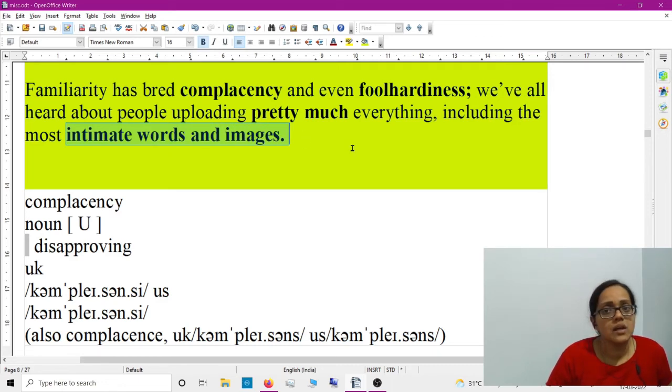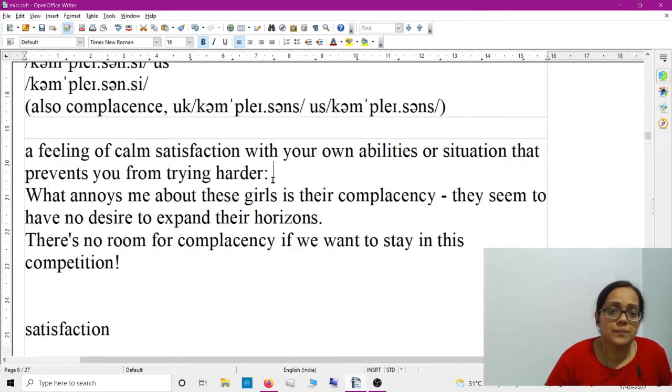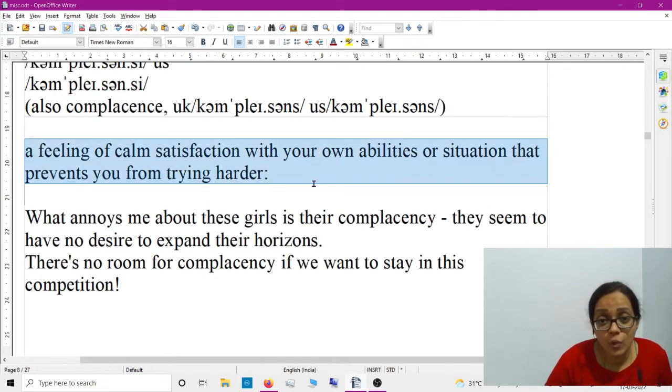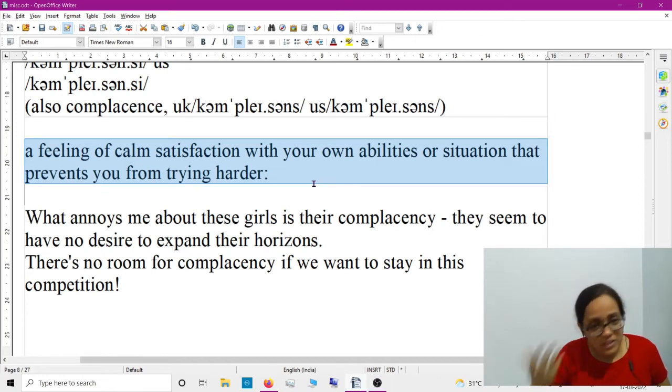Complacency, what is the meaning? A feeling of calm satisfaction with your own abilities or situation that prevents you from trying hard. If I am satisfied with my performance, you won't do the hard work further, right? That is known as complacency.